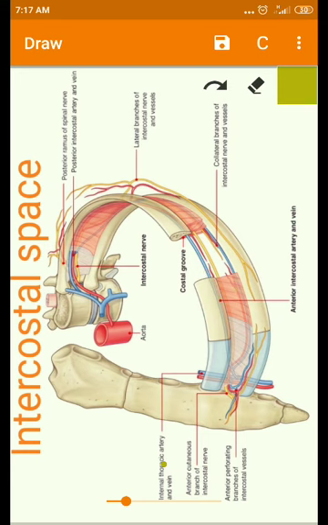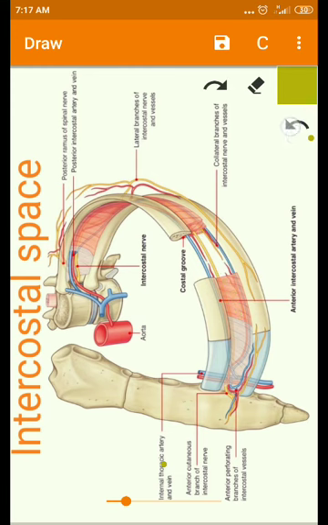The muscles are the external intercostal muscle, internal intercostal muscle, and transverse thoracic muscle. This is the sequence: from outwards to inwards, external intercostal muscle, then the internal intercostal, and deeply placed transverse thoracic muscle.